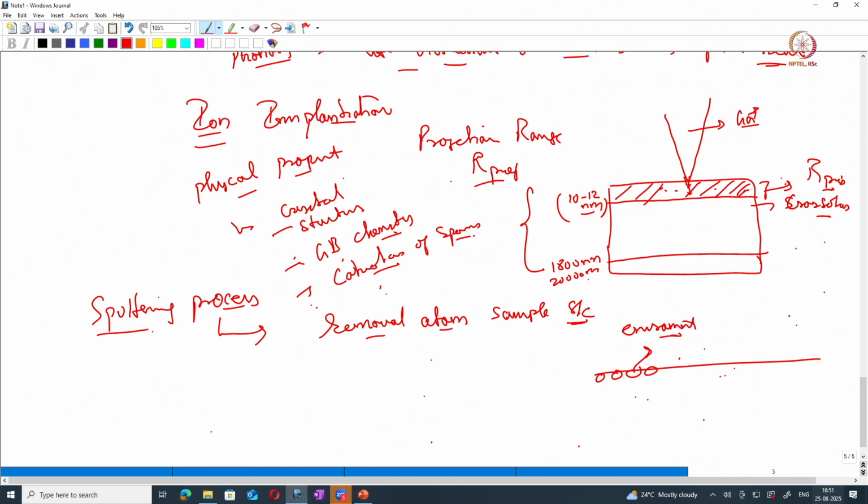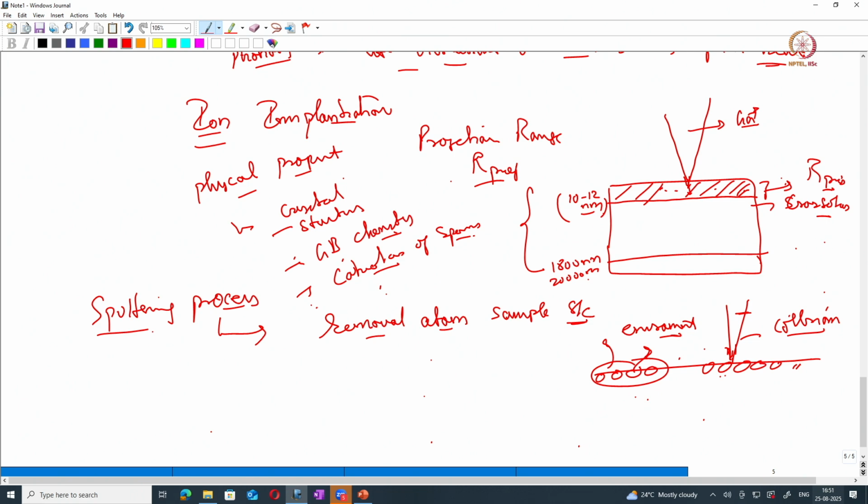The more collisions occur between the ion beam and the sample surface, the more likely sputtering will occur. More sputtering means more atoms can be removed. It depends upon how much the ion beam locally interacts with the surface atoms of the sample.